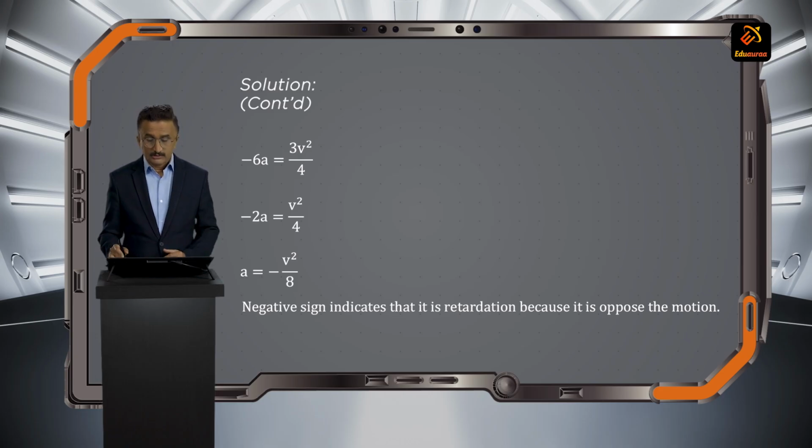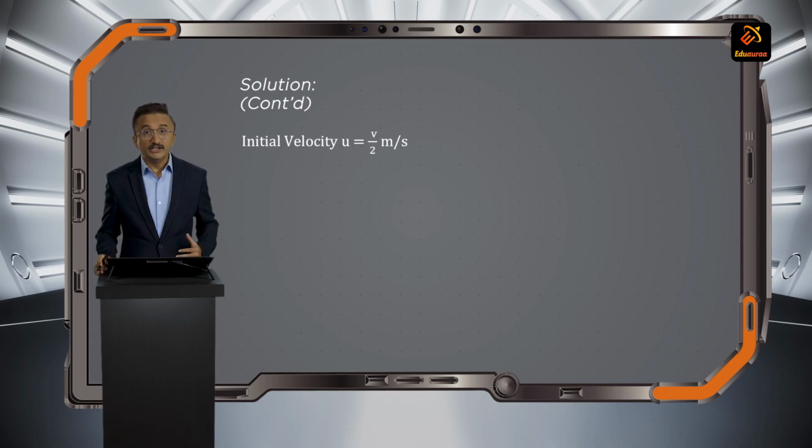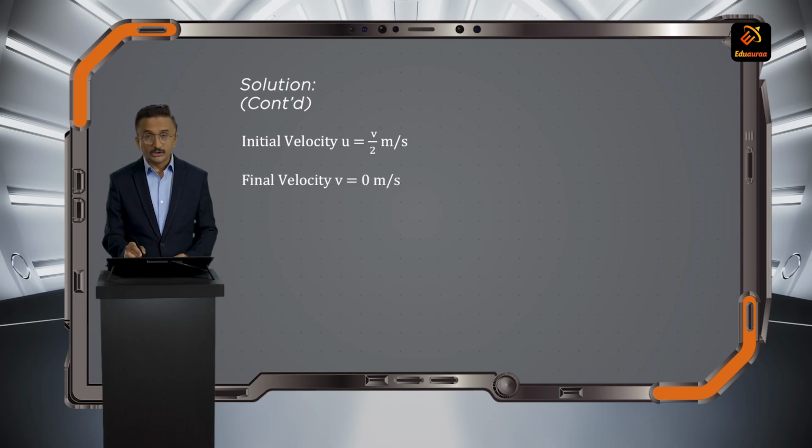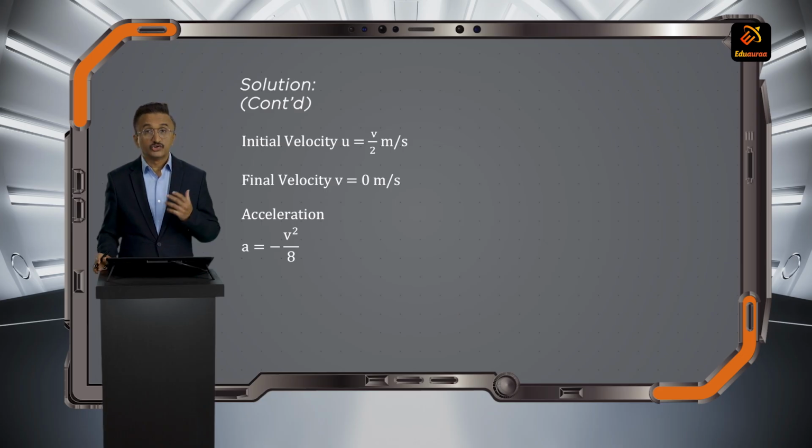Now again come back to this situation, where the initial velocity is v by 2, final velocity is 0 and the acceleration a is minus v square by 8. Now I can find out S2 by using the same concept. What is the formula? v square, where v is the final velocity.